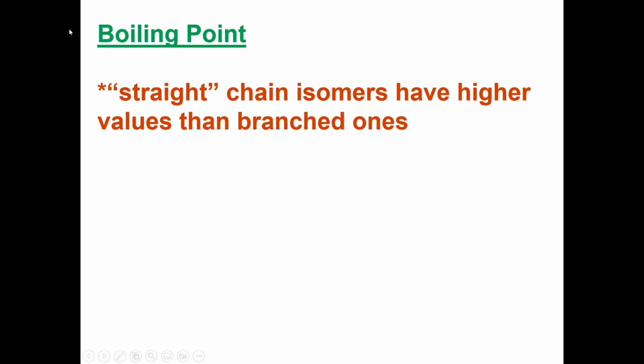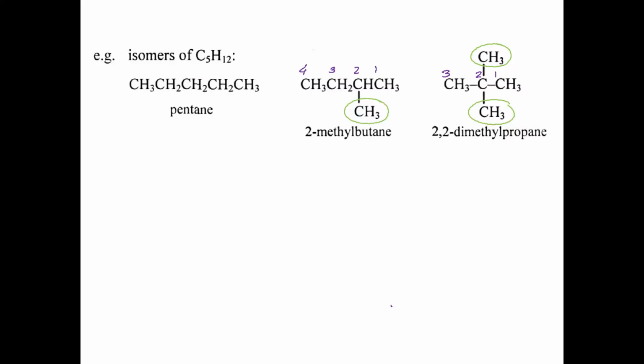Now, straight chain isomers have higher values of boiling point than branched ones. Let's make it our first concept for today. Where there are more branches, you will have a lower boiling point. What are branches? Look at the screen.